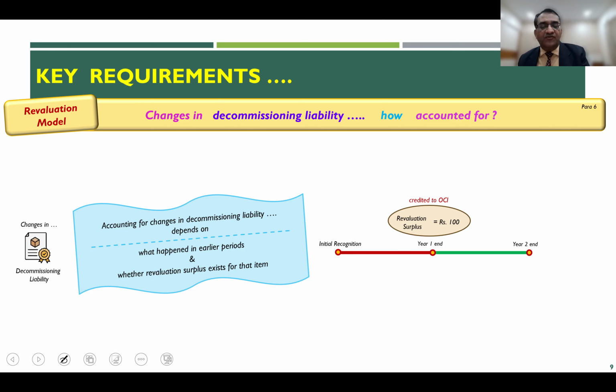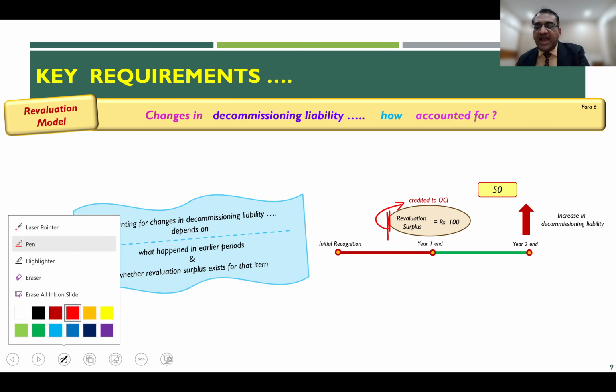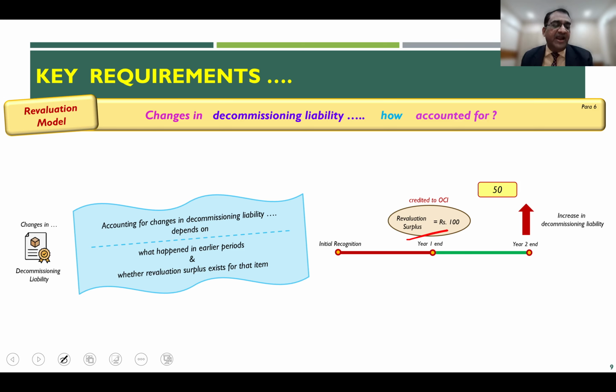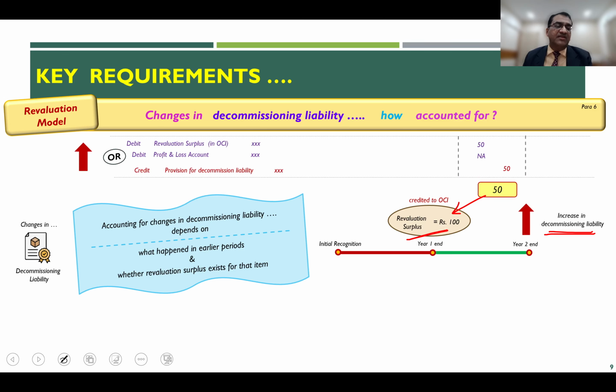And we have seen first time revaluation surplus gets credited to OCI, not to P&L. Then let us say in the second year, you have OCI revaluation surplus of 100, and the decommissioning liability gets increased by 50 rupees. Now, you already have revaluation surplus which is higher than the increase in your decommissioning liability.